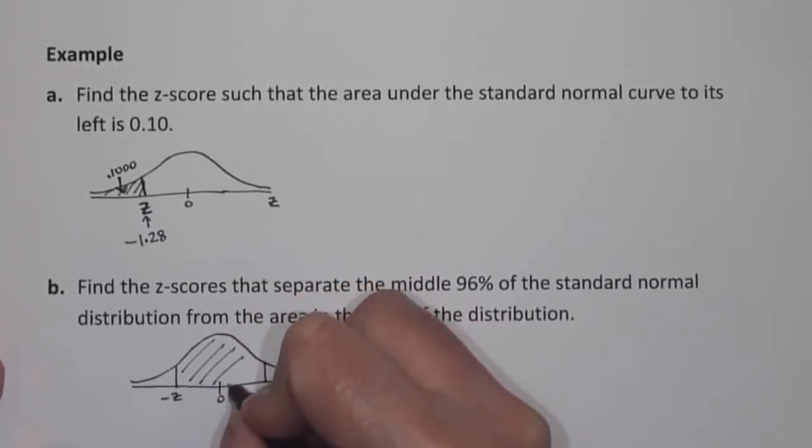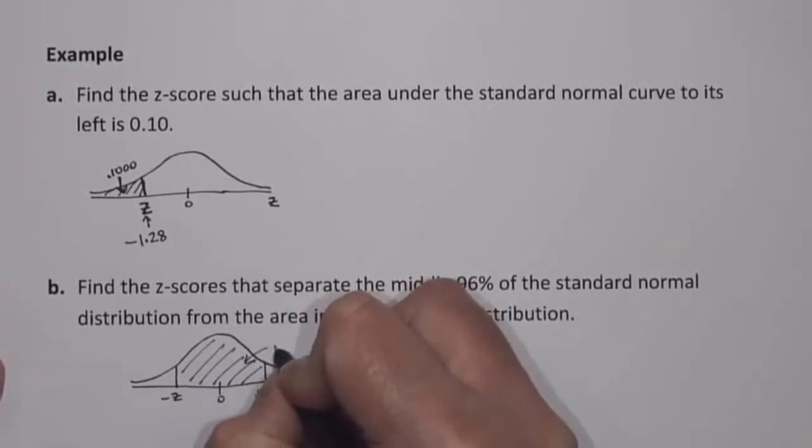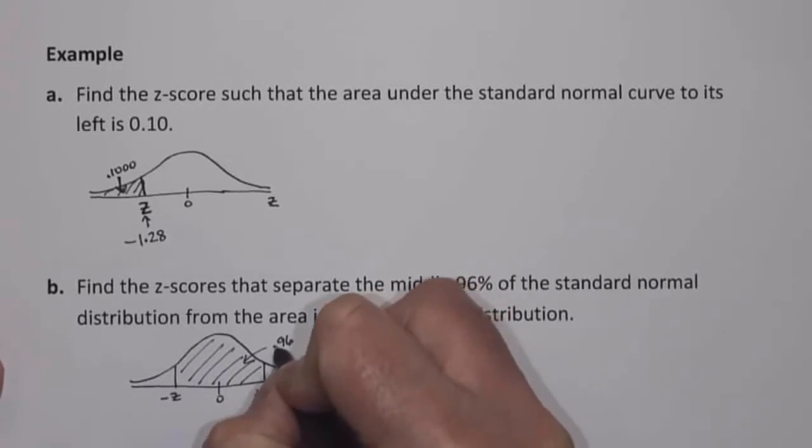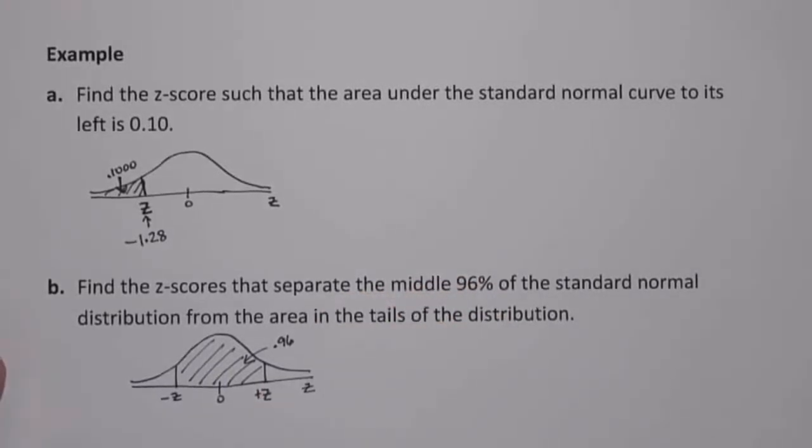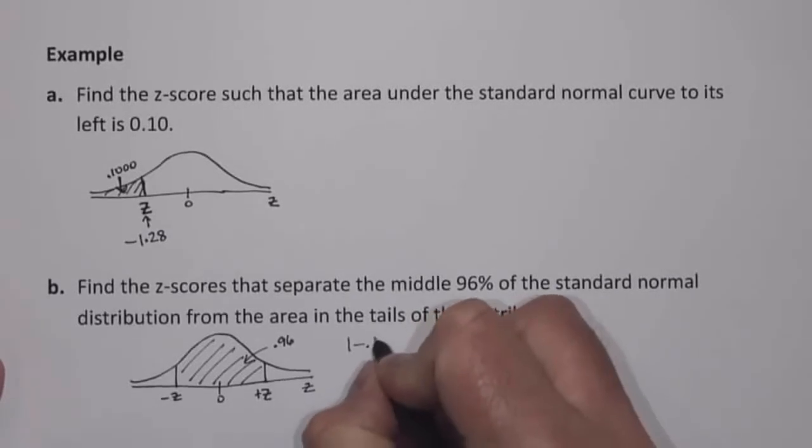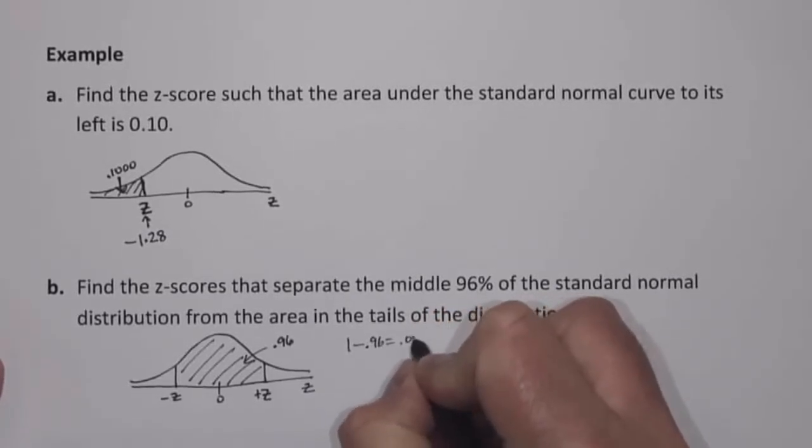And we want this area in between to be 0.96. So we want to figure out what these z-scores have to be in order for that area to be 0.96. Now, if the area in between negative z and positive z is 0.96, then the area out in the two tails altogether has to be the other 0.04. 1 minus 0.96 is going to equal 0.04.